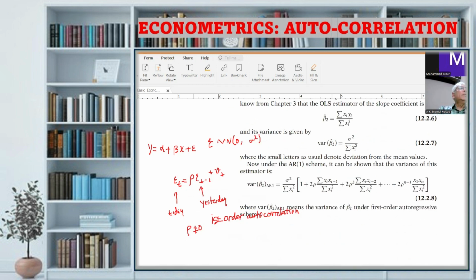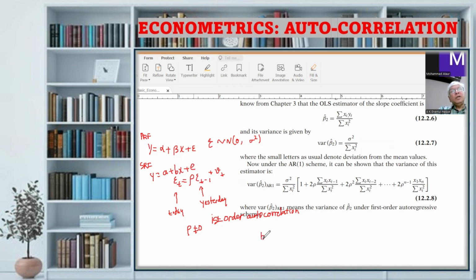So we said we have this model, and if I run my SRF, remember this is my PRF, my SRF is y equals a plus bx plus e.